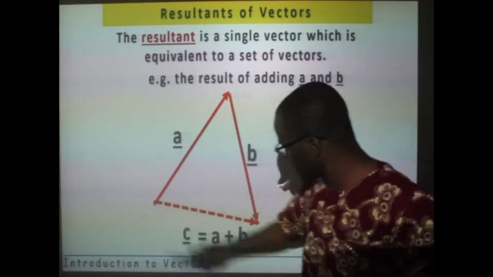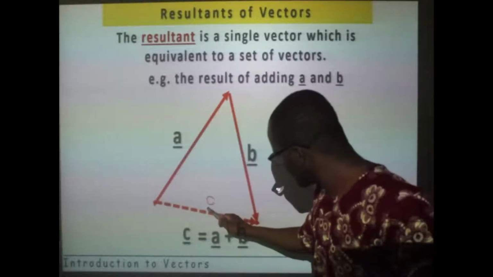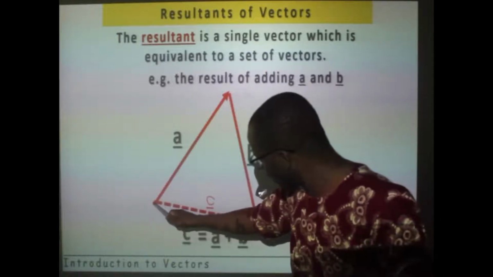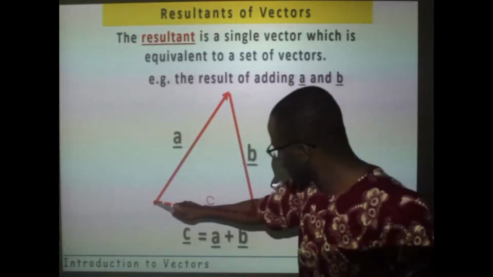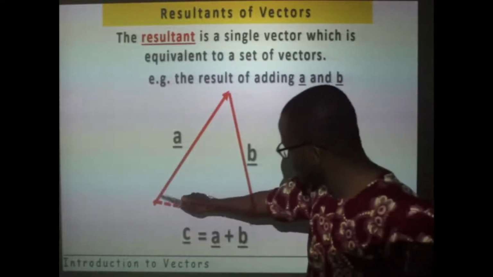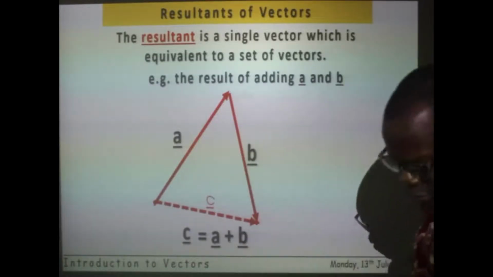The starting point and the ending point. And that is your C. So to get to C, or to draw C, you have to go from there to there, which is your A plus B. We'll see some more of this later on.